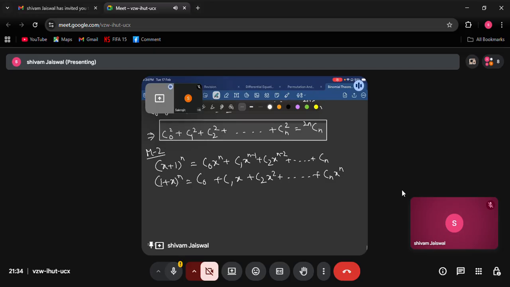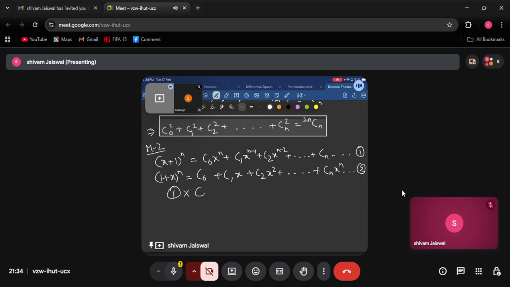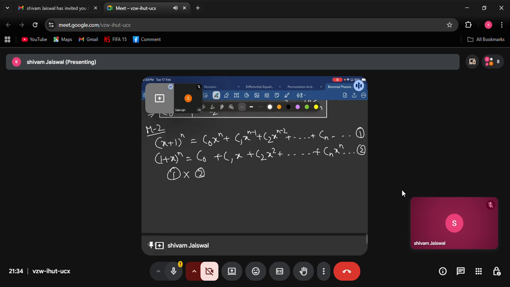What I'm going to do is multiply these two equations. This is equation 1. This is equation 2. Multiplying equation 1 and equation 2, on the left hand side, we are going to get x plus 1 whole to the power 2n.